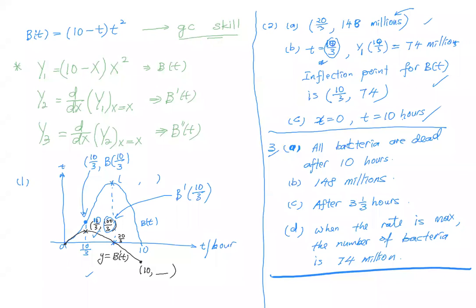So for those who don't know how to differentiate, if I have tools to help you, they can still analyze. But they have to know the meaning of turning point and inflection point. So they don't have to learn calculus. See or not?